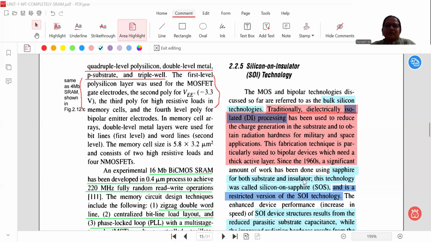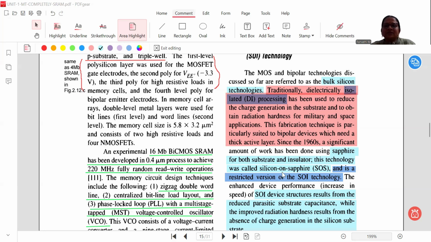But in this case, silicon is the basic material, and sapphire serves as both substrate and insulator. The sapphire was used as a substrate as well as insulator. So this technology was called silicon on sapphire.